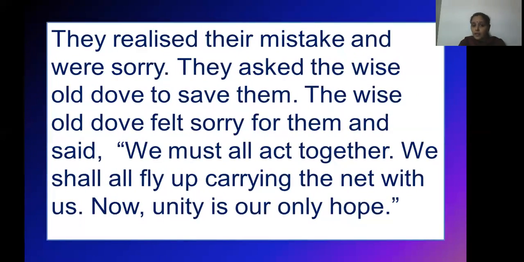Next, they realized their mistake and were sorry. They asked the wise old dove to save them. Okay, initially, when the wise old dove told them not to go there, it could be a trap, they did not listen and they went to eat the grains and were trapped. They got caught in the net.